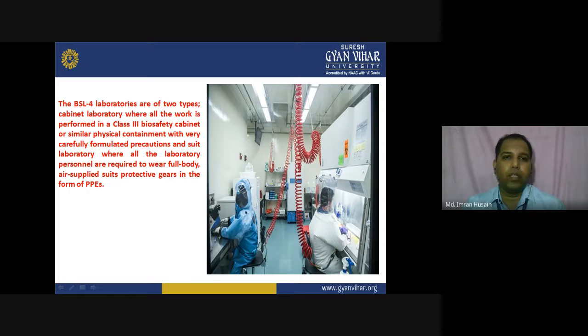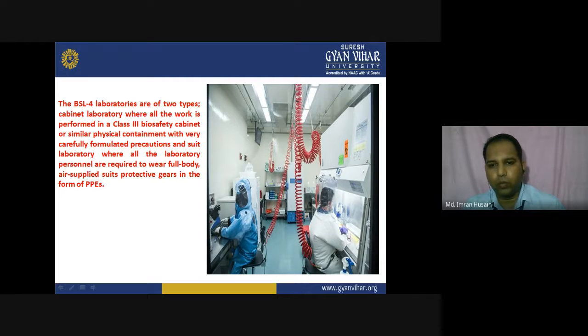BSL-4 laboratories are of two types: cabinet laboratories where all the work is performed in a Class 3 biosafety cabinet or similar physical containment with very carefully formulated precautions, and suit laboratories, where all laboratory personnel are required to wear full body air supplied suits, protective gears in the form of PPE.